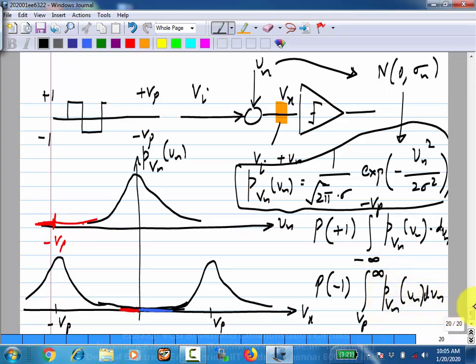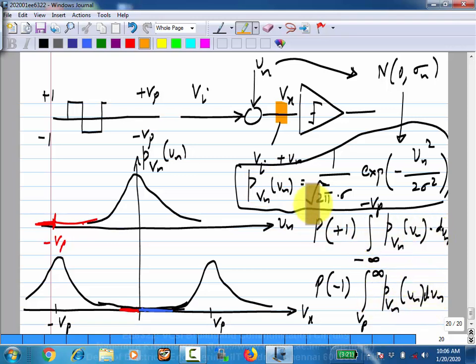Okay. Now this P of 1 and P of -1 depends on the signal, but it's most common to assume that you have equally probable plus and -1 symbols. That's when you have maximum information also. You are equally likely to get either 0 or 1 or +1 or -1. So each of these becomes half, and then from the symmetry of this distribution you also know that these two integrals are the same.